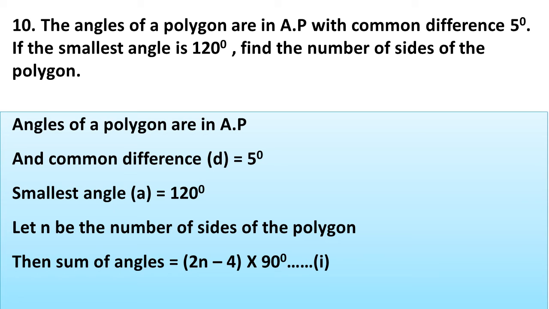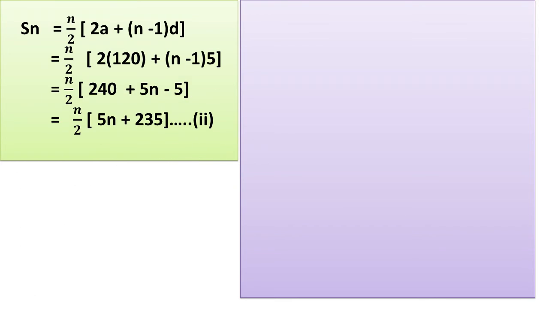We know that the sum of angles of a polygon formula will be equal to (2n minus 4) into 90 degree. And the sum of n terms of an AP will be equal to n by 2 into (2a plus (n minus 1) into d). Substitute the value of a as 120 degree and the value of d as 5, then Sn, the sum of n terms, will be equal to n by 2 into (5n plus 235).